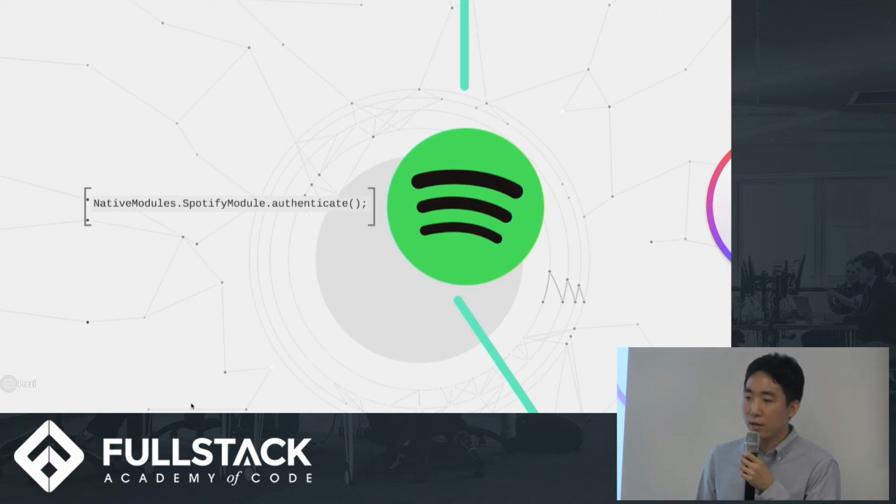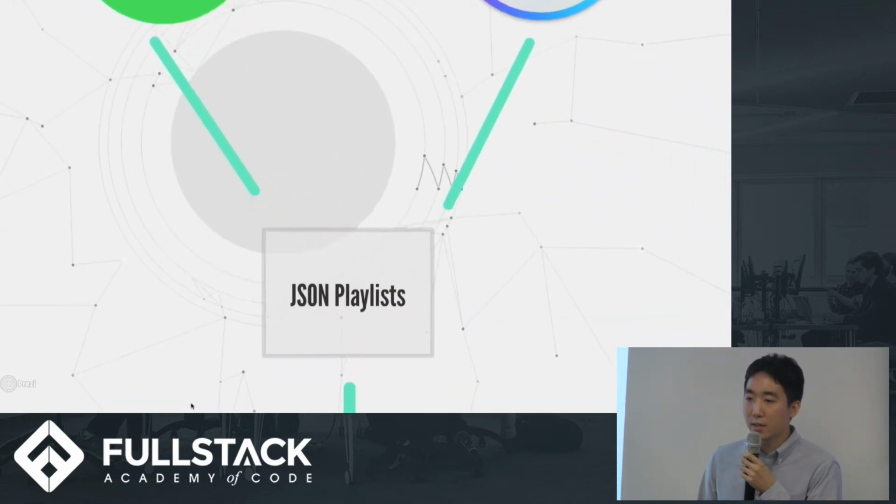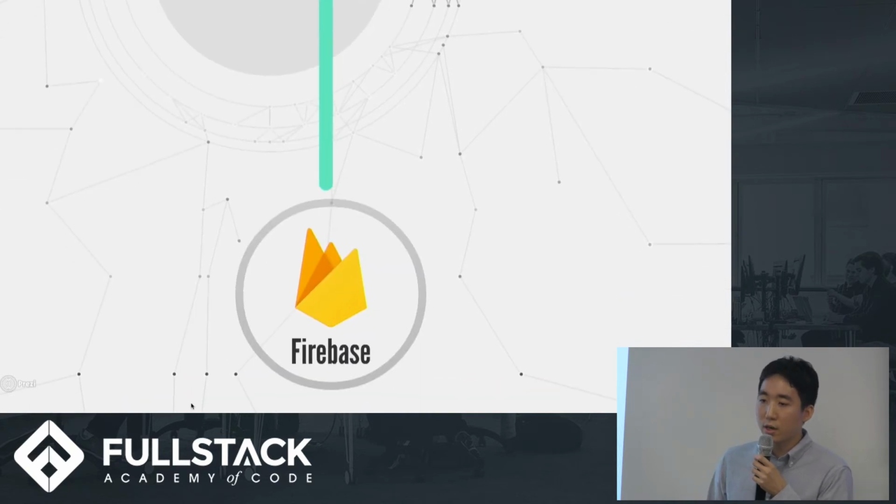We get her user token using the Spotify SDK, and then with that user token, we use the Spotify API to get her playlist. Once received, we save all those playlists into our Firebase database, which forced us to consider how we message this data, as Firebase database stores data as JSON.